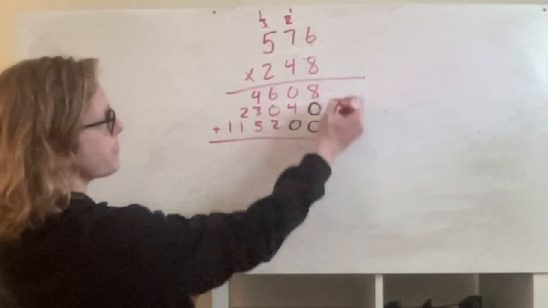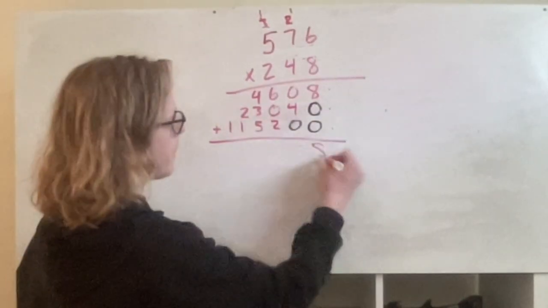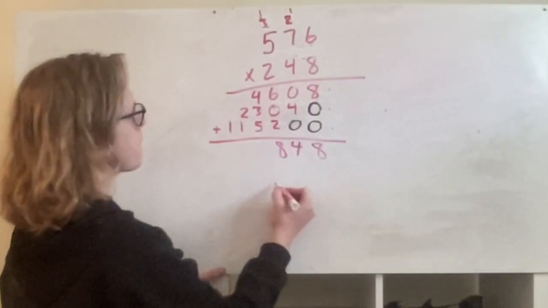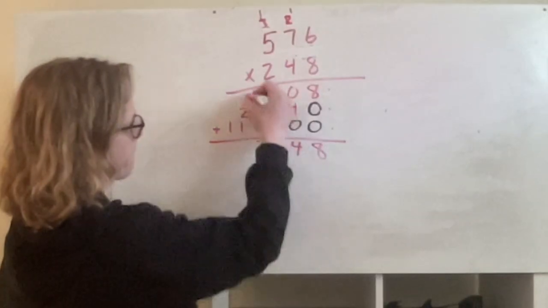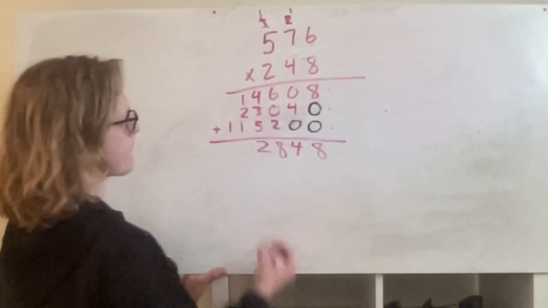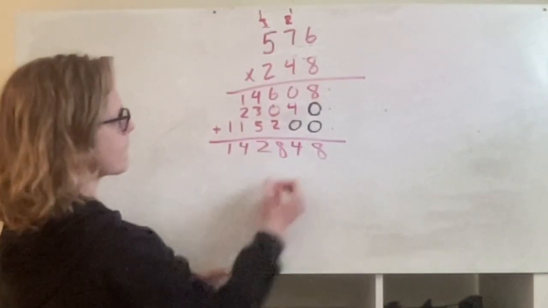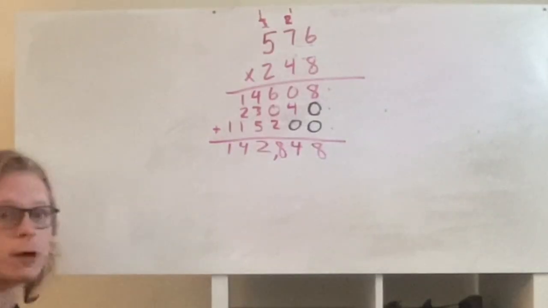That's why we have these 3 partial products. Okay? We need to add them up. 142,848 is our product, right?